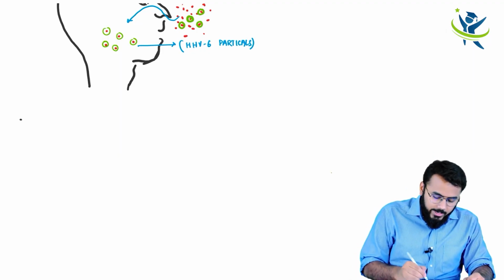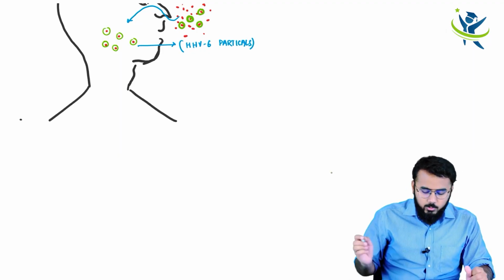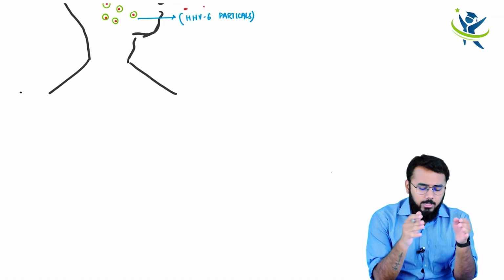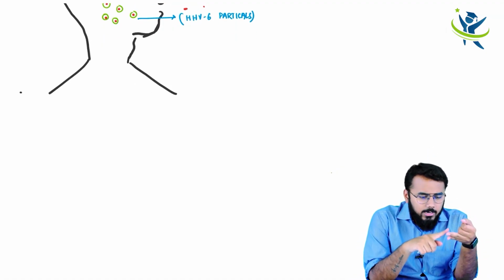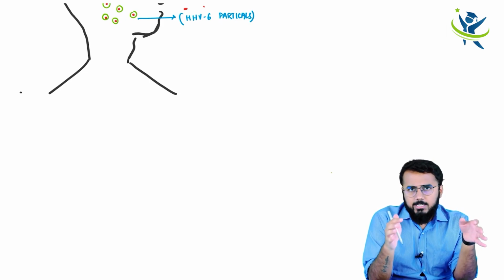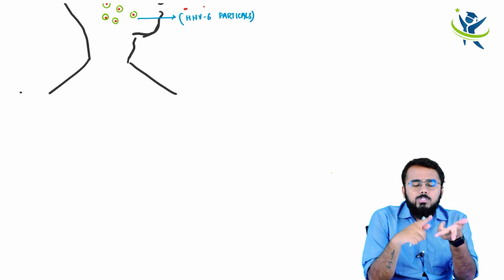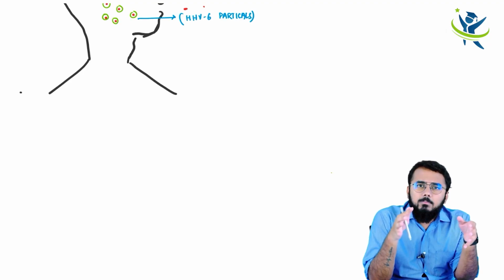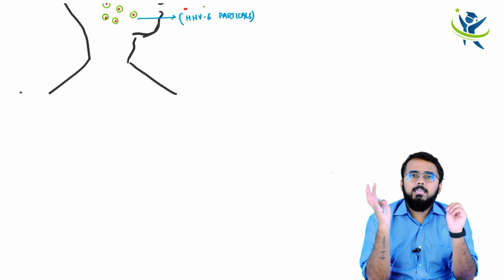The moment these virus particles are in your body, within your nose, within your skin, within your lungs, stomach or intestine, in all these places which I have mentioned, okay, skin, nose, stomach, intestine, lungs, within all these places there are some cells called dendritic cells.